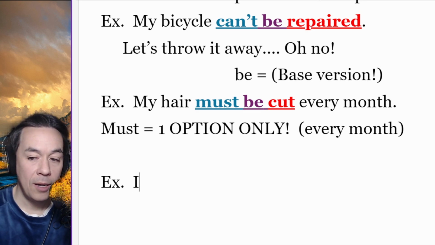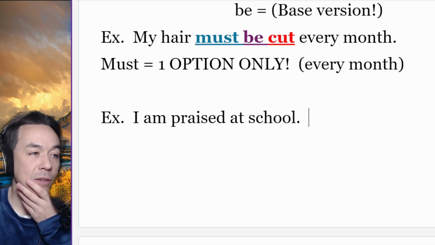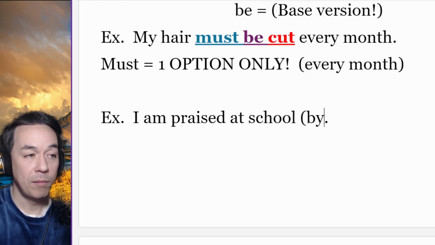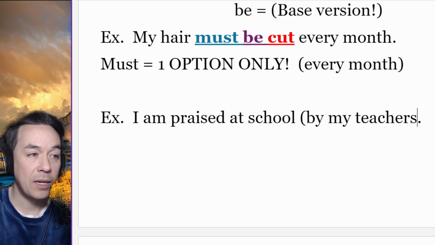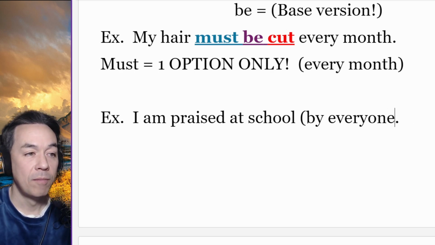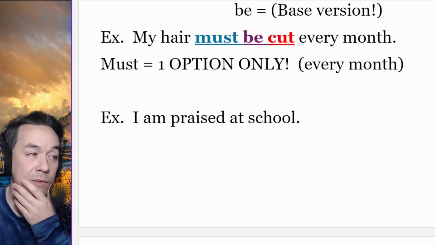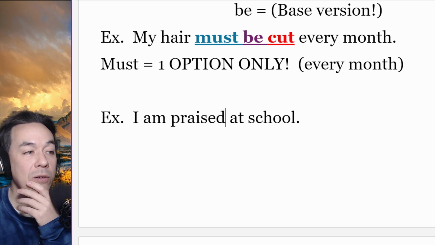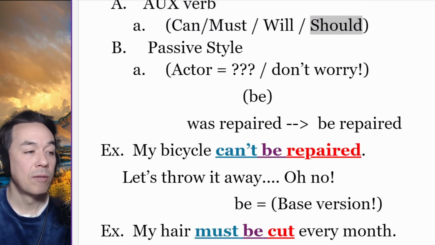So one more. I am praised at school. Again, so this is, by my teachers, but maybe I don't want to say that, or by everyone, right? But maybe I don't have to say that. I'll just say I am praised, passive style. Okay, now let's say, what's the other one? Let's use should.